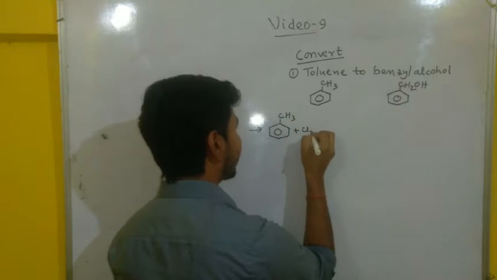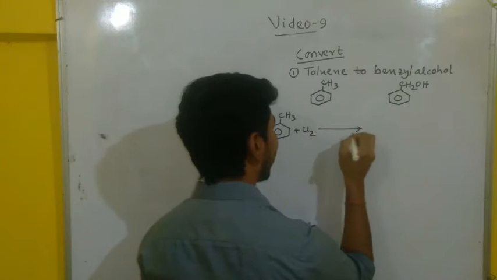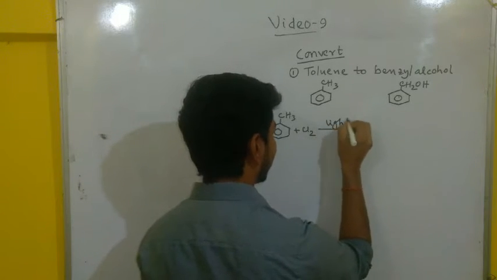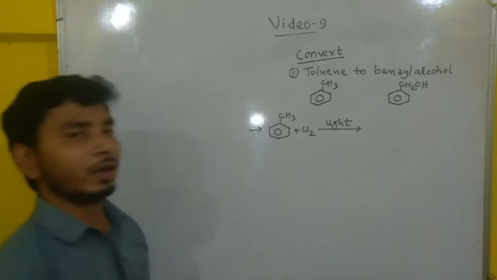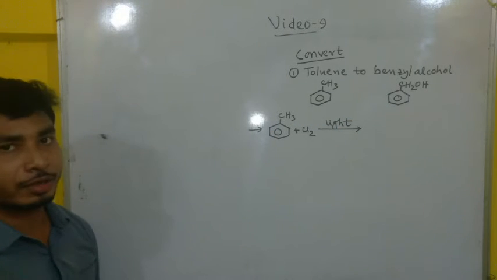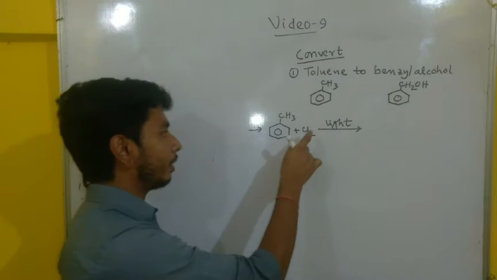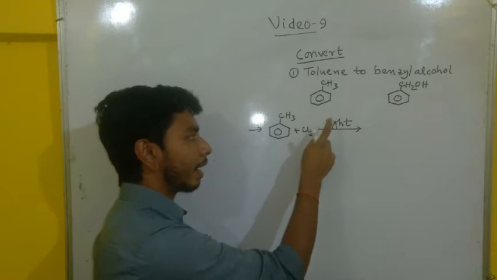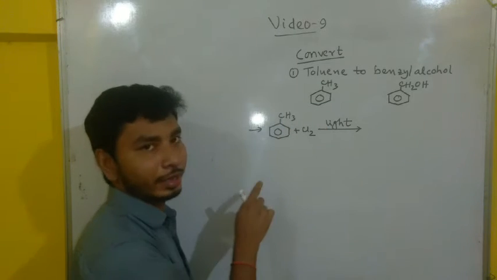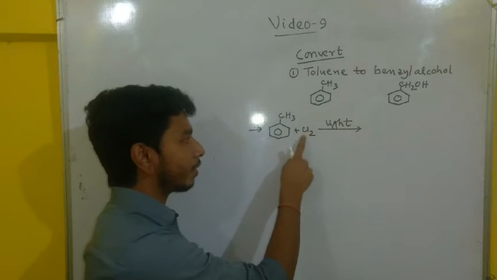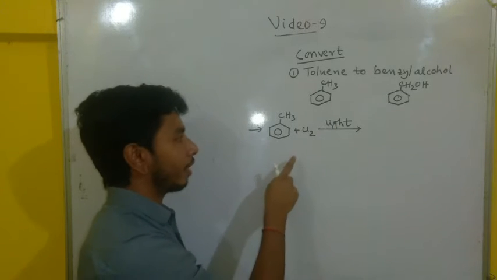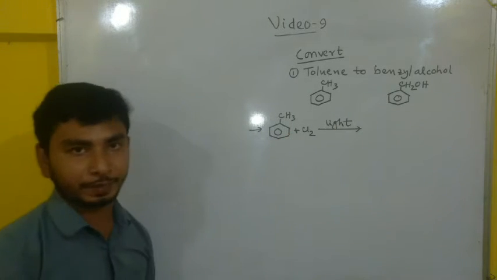On treatment with Cl2 in presence of light. Toluene on treatment with Cl2 in presence of light. Now when we use halogen in presence of light, the halogenation will occur in the side chain. And if we use halogen in presence of Lewis acid, then halogenation takes place in the benzene ring.